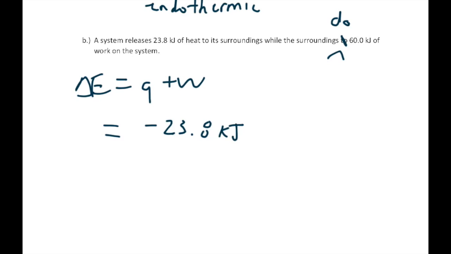Now that's Q plus W. The surroundings do 60.0 kilojoules of work on the system, so we know that we will have positive work.